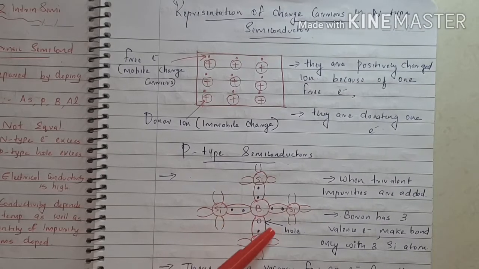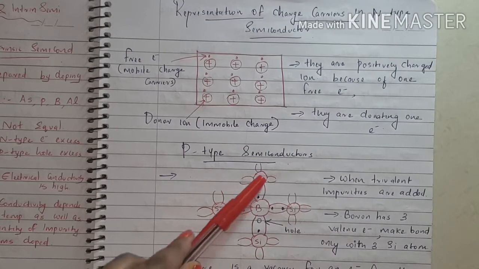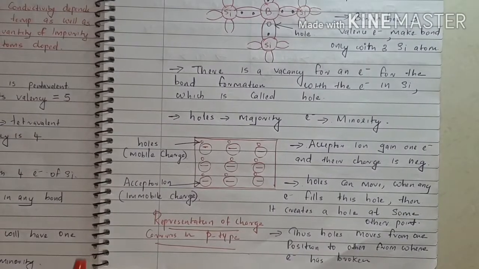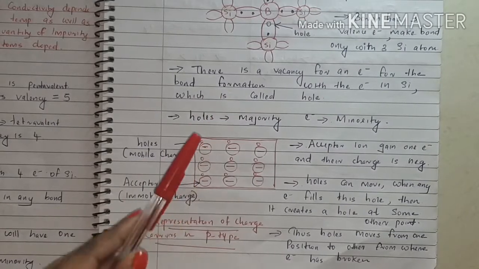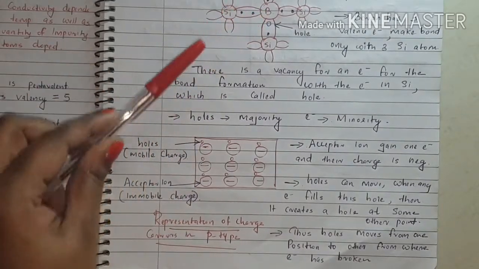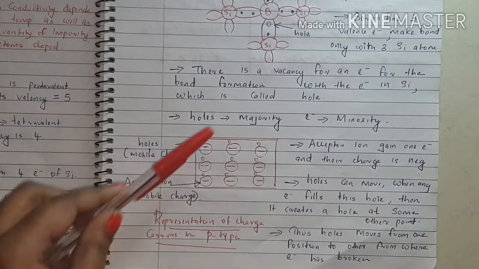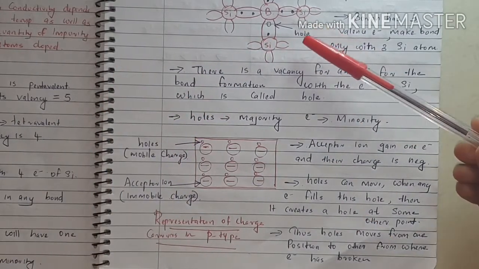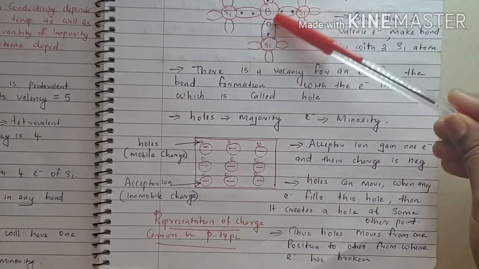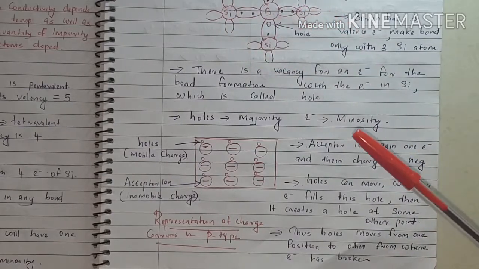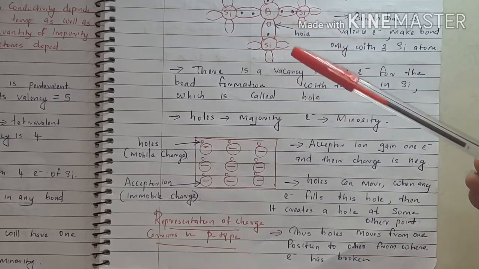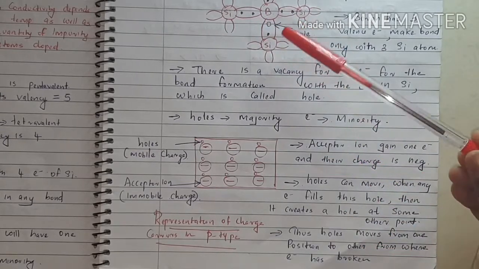The 3 electrons of boron form bonds with 3 silicon atoms, and there is a vacancy for an electron for the bond formation with the electron in silicon. Since boron has a valency of 3, only 3 electrons form bonds with the silicon, and there is a vacancy for an electron for bond formation with the electrons in silicon.